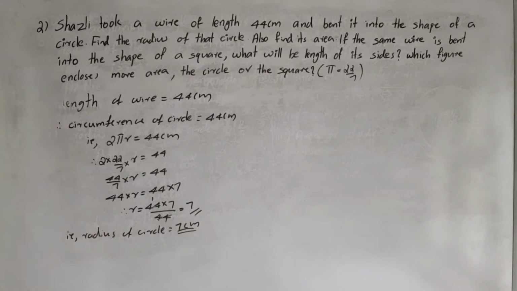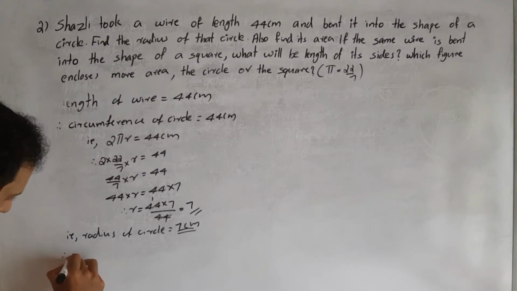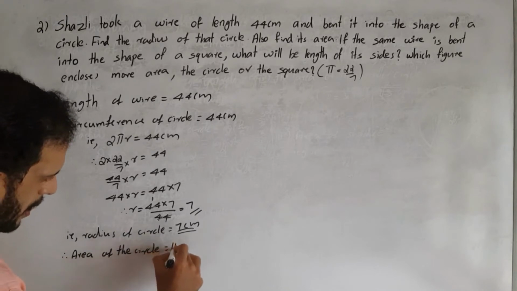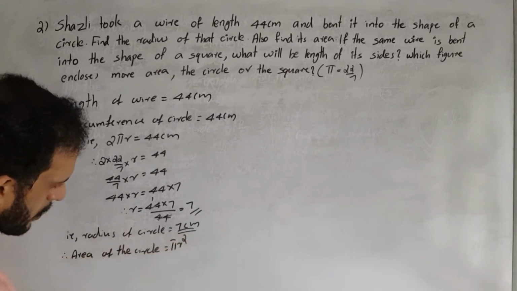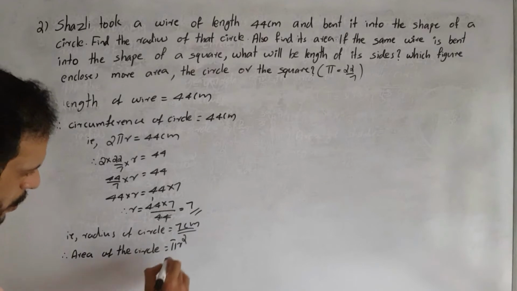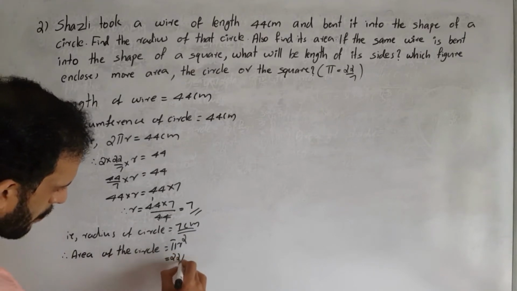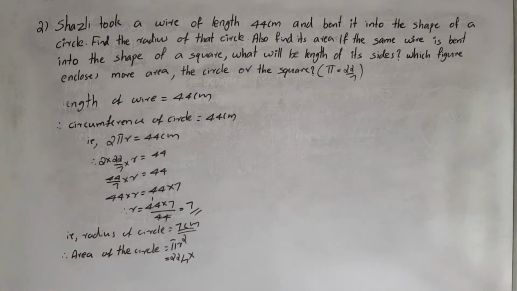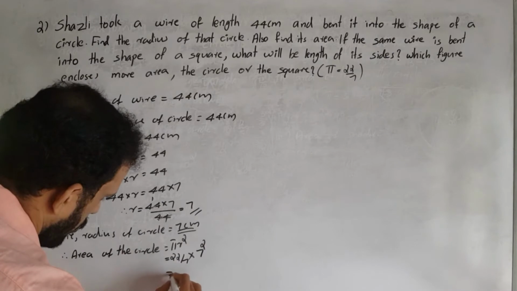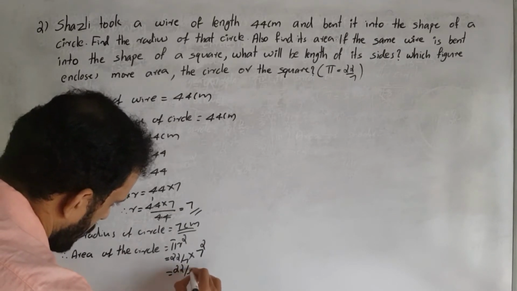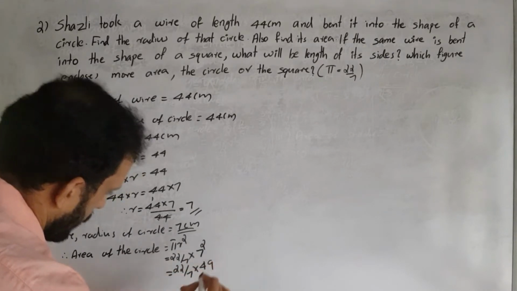So it's very clear, if we get the value of radius, then it's possible to find the area, correct? Therefore the area of the circle is equal to, the equation is pi r square, that is 22 by 7 into, correct? Then what is r? r is 7, then 7 square, that is 22 by 7 into 49.